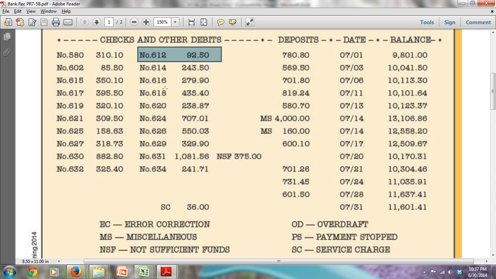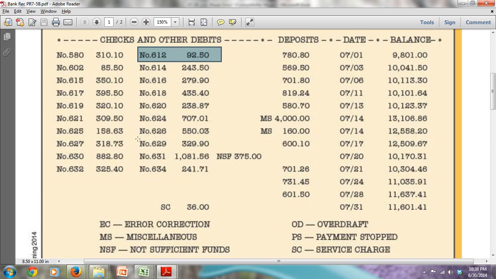So remember, we're looking for check 614 through 634. And so there's 14, 15, 16, 17, 18, 19, 20, 21. We skipped 22 and 23 because those were voided checks. And then 24, 25, 26, 27. Oop!